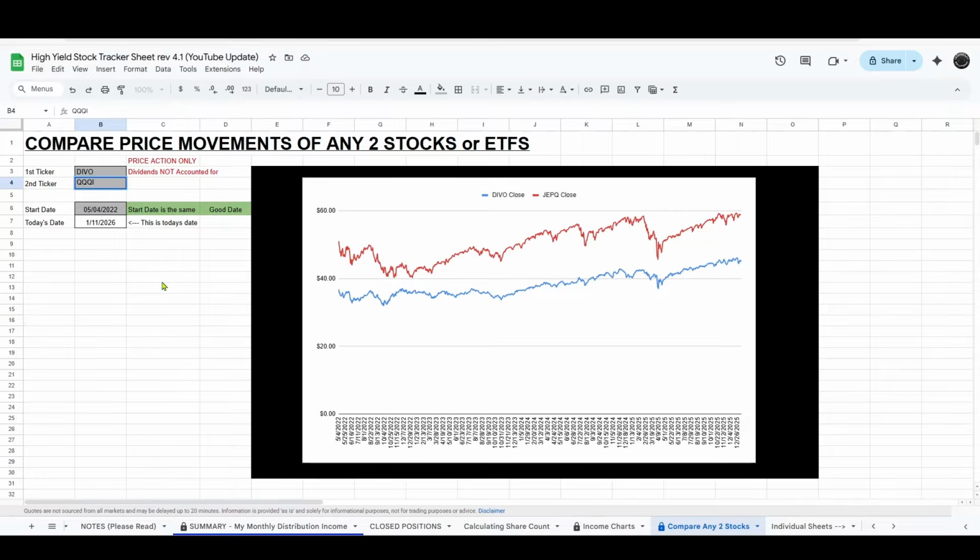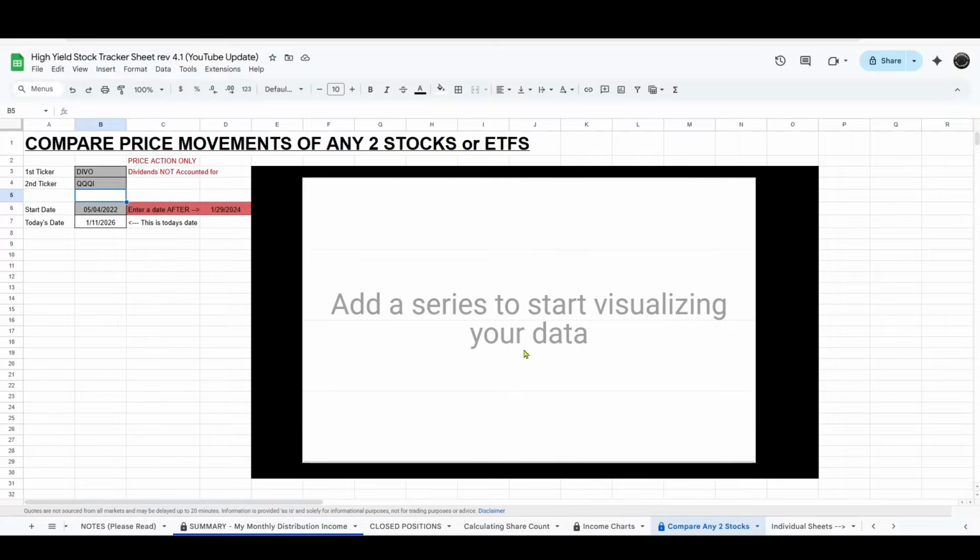And when I hit enter on this, you can see that it does not show that graph. And there's a red highlighted area here that tells you to enter a date after January the 29th of 2024. So therefore, I have to change this date to some date after January the 29th of 2024. That is because QQQI was not out in 2022.